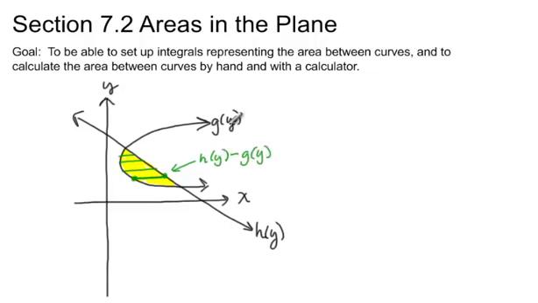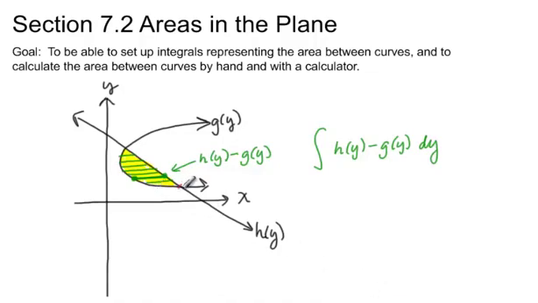And notice I don't have h of x and g of x because now we're going to do everything in the y direction. So if I want to stack up an infinite number of these strips, I need an integral that is represented by h of y minus g of y. And since we're stacking things in the y direction, we're going to integrate with respect to y. And I need to figure out where to start and where to stop.